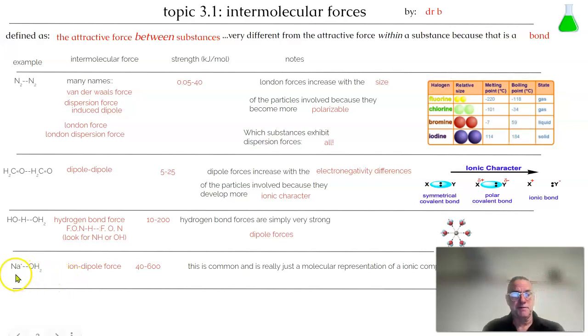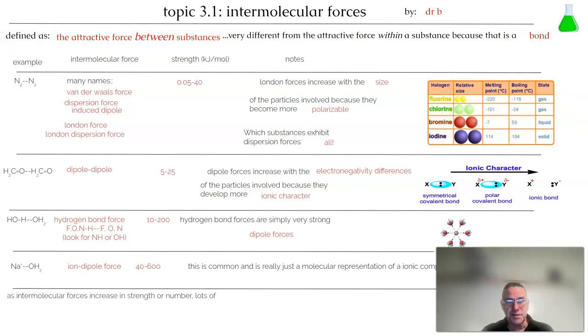And the opposite would be true for the chloride ion. So imagine the chloride ion, and these would be flipped around since the H is positive. Make sure you don't have it backwards. For a cation, it's the OH2 with the oxygen side toward it, and for an anion, it would be the negatively charged anion in close proximity to the H's on water.